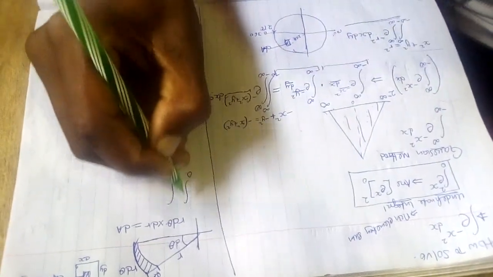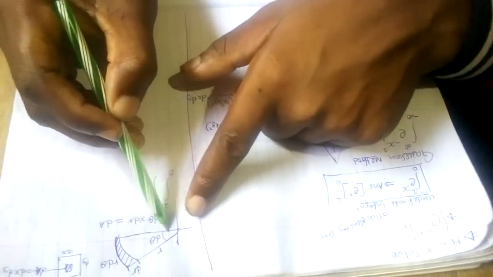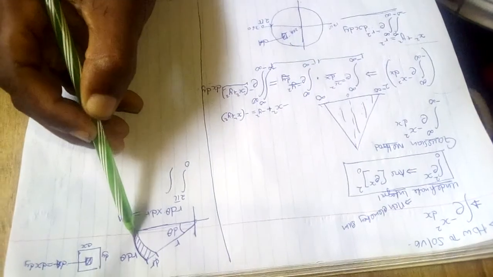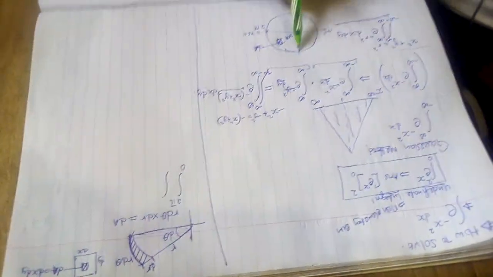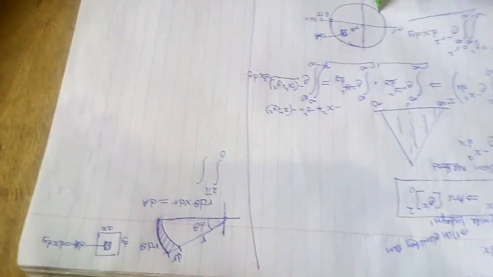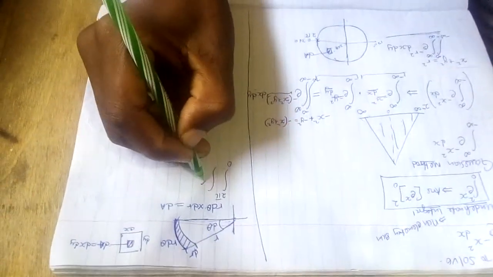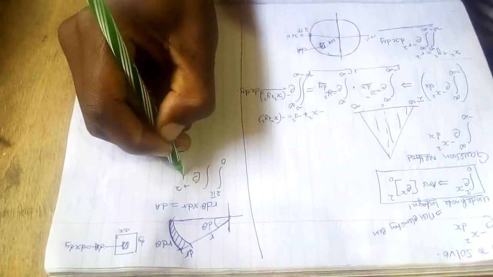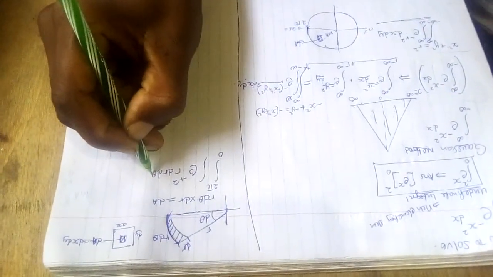Now here from 0 to 2 pi, because we have started at an arc. If this is just a portion of a circle, what about going around the whole circle? So we are going to have exponential of negative r squared, r dr d theta.